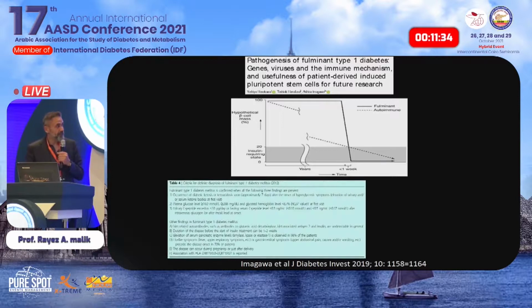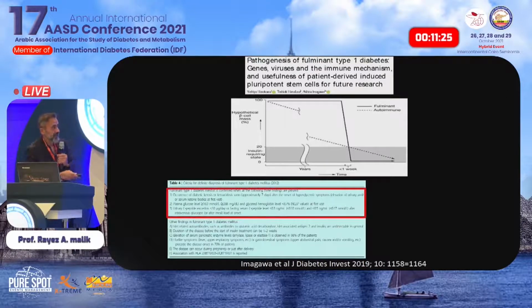And in fact, this is a Japanese investigator who put together the criteria. So the criteria for fulminant type 1 diabetes is the occurrence of diabetic ketosis or ketoacidosis within 7 days of the onset of hyperglycemic symptoms, a plasma glucose level which has to be more than 16 millimoles per liter, and a urinary C-peptide excretion less than 10 micrograms.